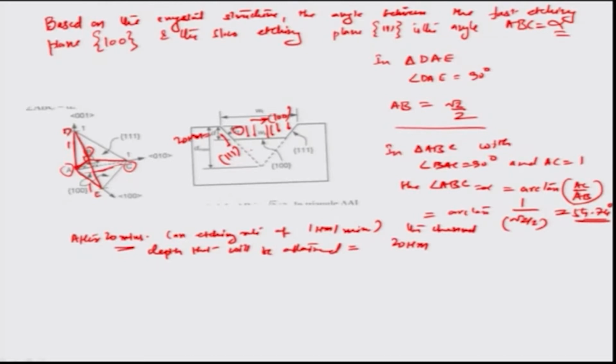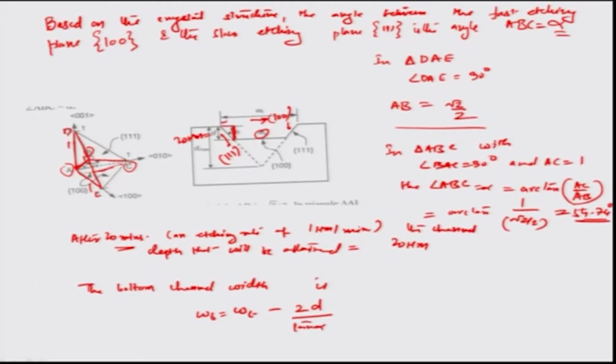The problem statement says that the vertical etching rate is 1 micron per minute. So if we assume that to happen, obviously with the D value and the angle value here in this particular triangle, I should be able to get what is going to be the WB. Okay, WB is the value corresponding to the bottom channel width. So the bottom channel width thus is given by Wt minus twice d by tan alpha, okay, as can be visible here.